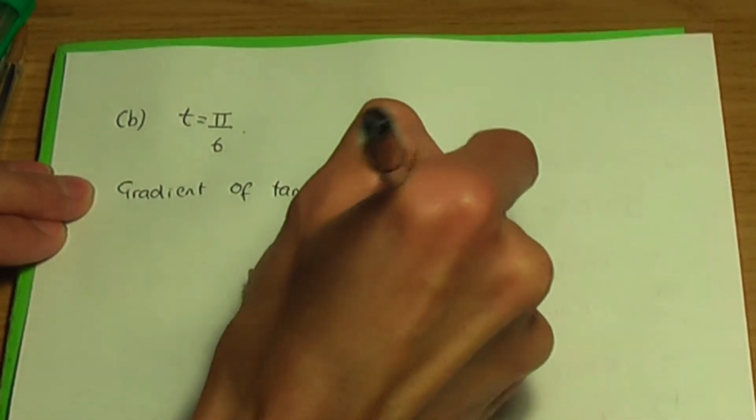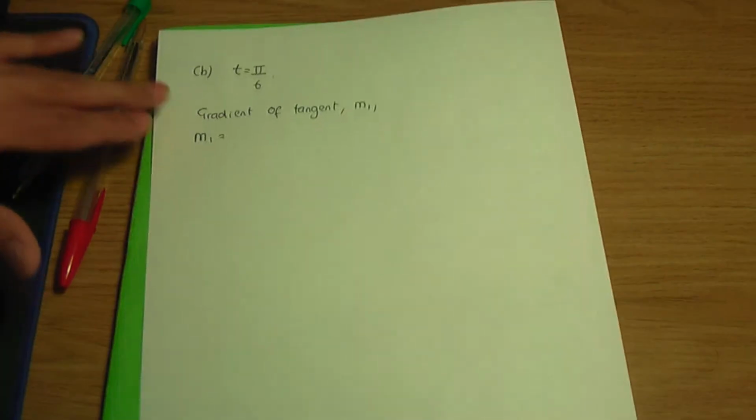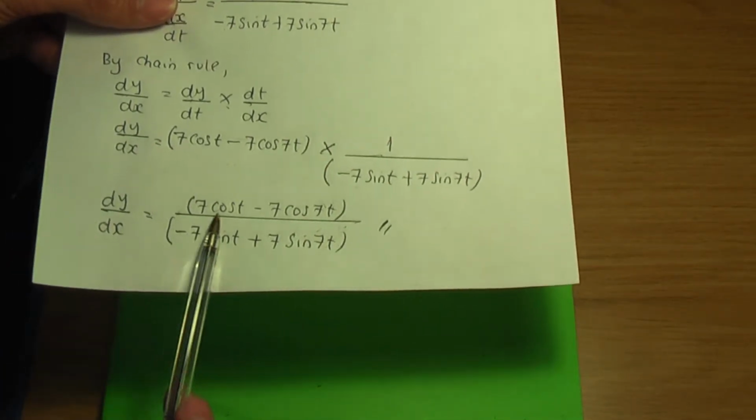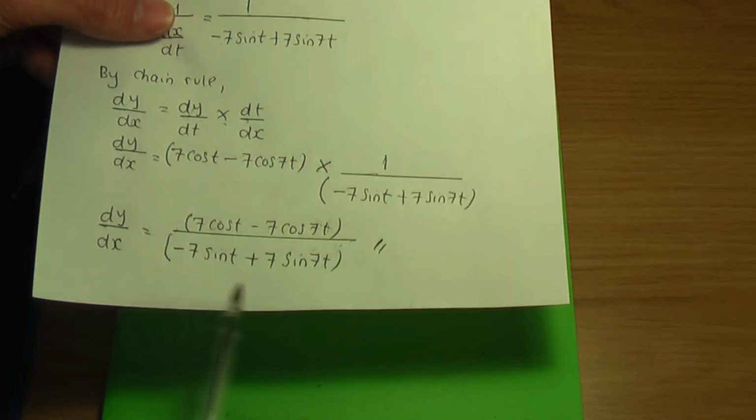Now I call my tangent gradient m1. So m1 will be, let's remind ourselves, dy over dx is 7 cos t minus 7 cos 7t. Let's replace the t's by pi over 6.